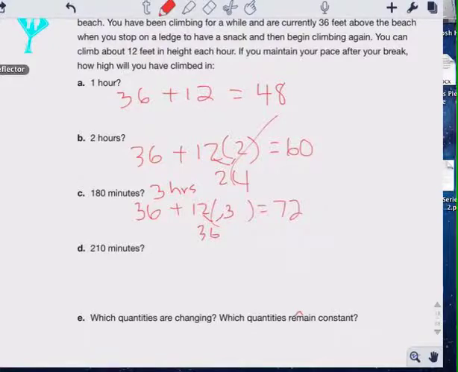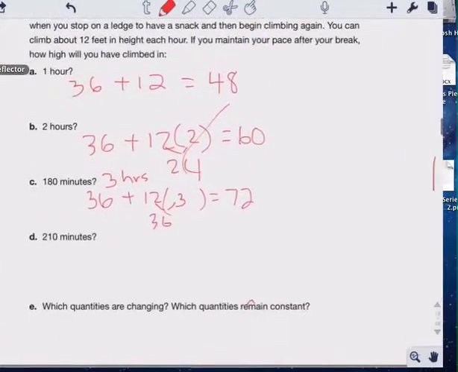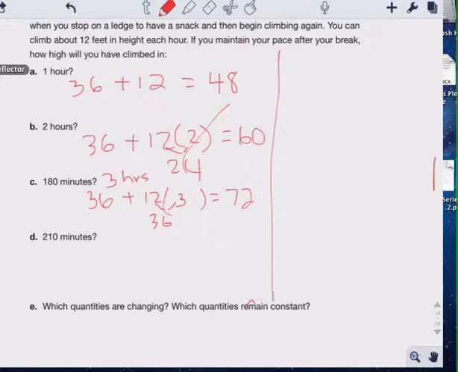But there's a reason. If you haven't written this down, I want you to write what I have there on the side, this other way of doing it. So put 36 plus 12 equals 48. Most of you told me yesterday 36 because that's where they stopped to eat before they climb again, right?